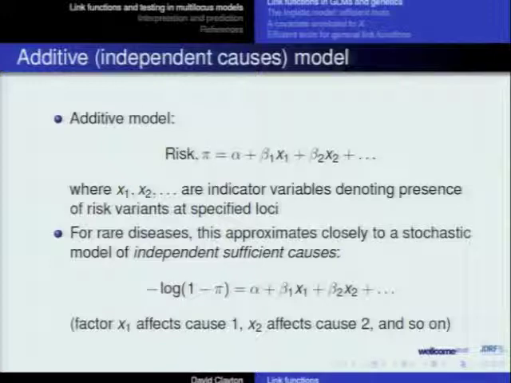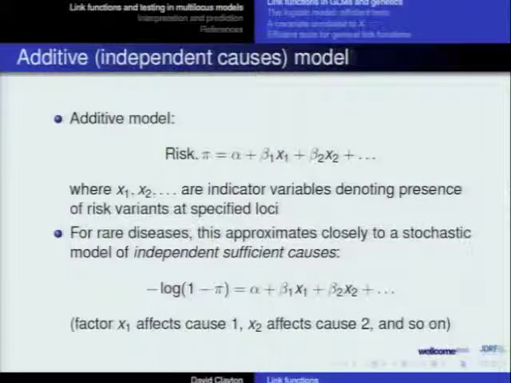In all of this I'm assuming that the loci are diallelic and take on 3 values, 0, 1, 2, and I'm assuming a codominant model where you simply code the x's as 0, 1, 2, so there's a dose-response relationship. That's not essential; it could easily be made more general, but to keep it simple, that's what I've tended to assume.